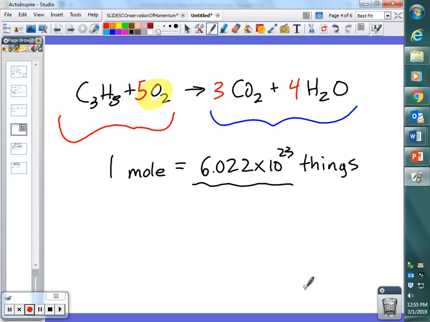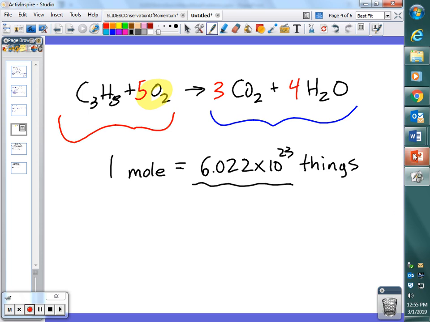We can't get 1 molecule and 5 molecules, but we can get 1 mole and 5 moles. Okay? So we're going to use the idea of a mole always being the same number of things to keep the ratio that our chemical equation is telling us. Okay? Good? For starters? All right.